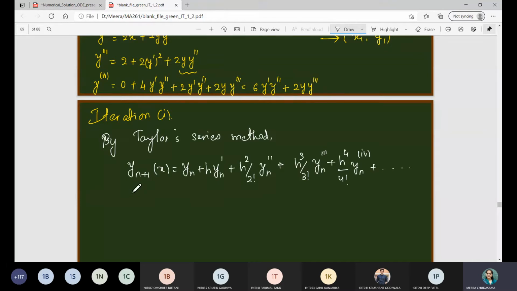So now when I substitute n equal to 0 first, that is iteration 1.